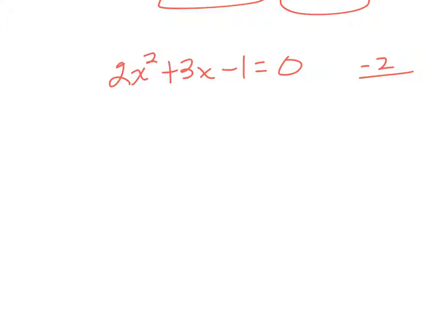The only factor pairs of negative 2 are 2 and negative 1 and negative 2 and 1, neither of which add up to 3. So it won't factor. So you have to use the quadratic formula or complete the square, which I don't think you want to do.